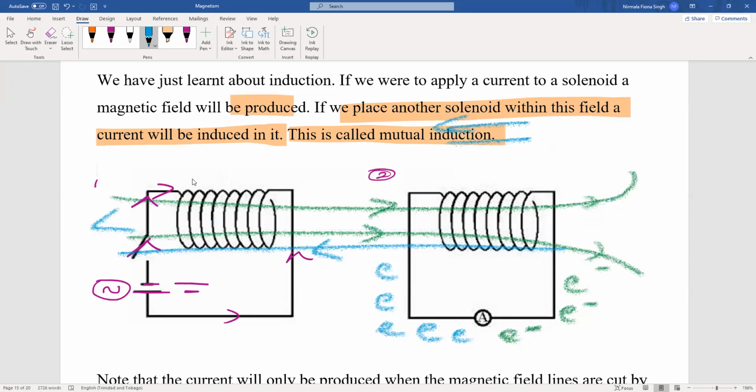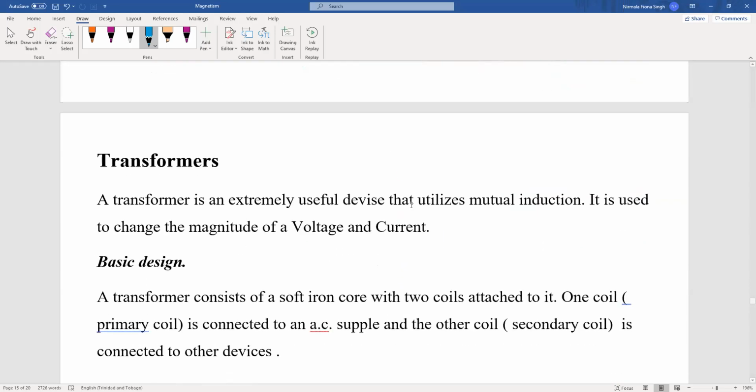So why are we doing this? It sounds a bit confusing or complicated. Why are we going to use a magnetic field that constantly reverses itself and creates an alternating current? So let's see. Transformers, not the cartoon, not the movie. We're talking about something that's quite old, much older than both of those.